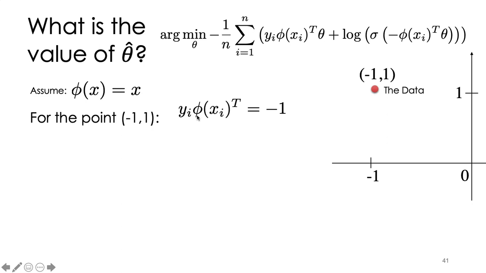So for this point, phi of x_i is minus 1, y is 1, so all of this is minus 1. It's just a number, it is its own transpose, and that's why you have minus 1. X is minus 1, so phi of x is minus 1, minus of that is 1. Take the transpose, it's still 1.